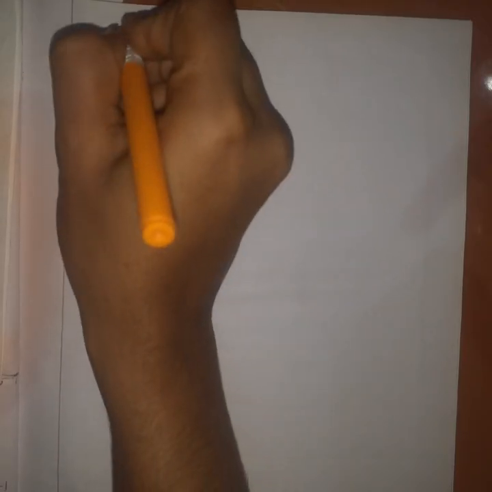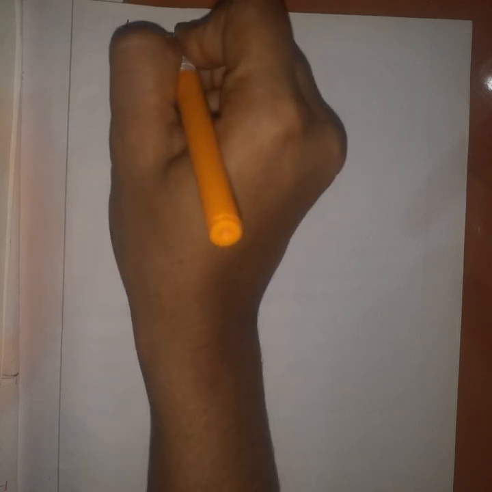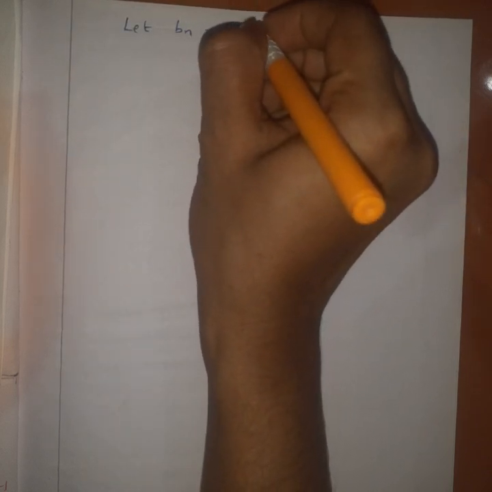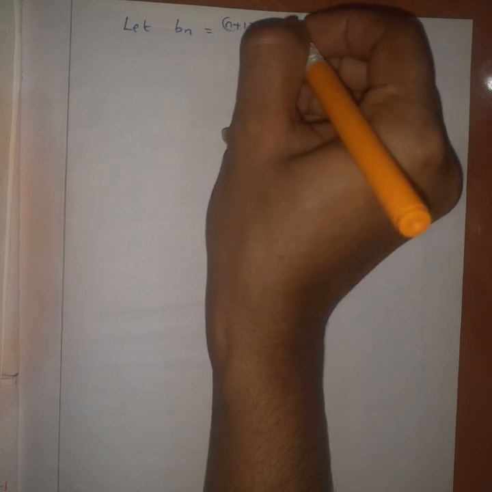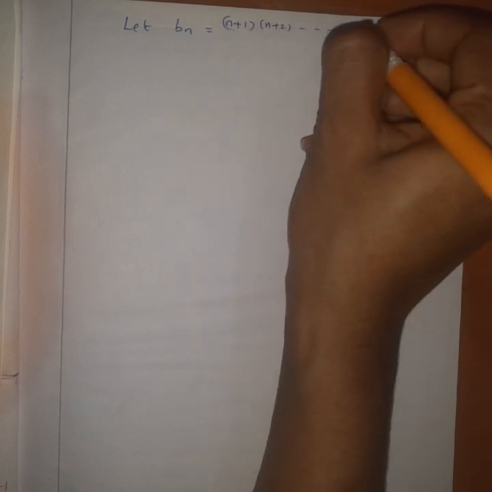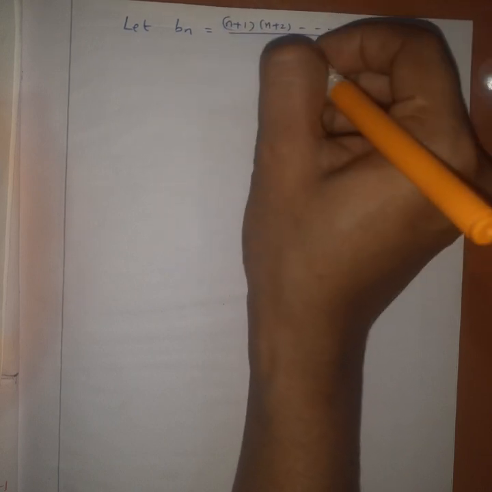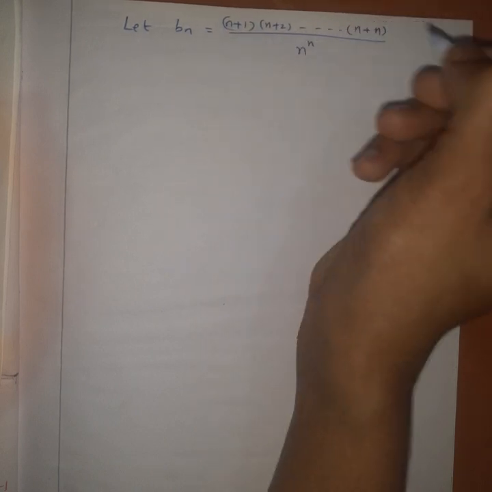Let bn be equal to n plus 1 into n plus 2 and so on n plus n, divided by n to the power n.